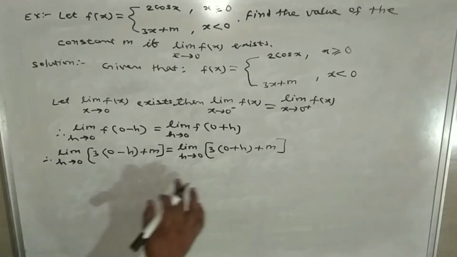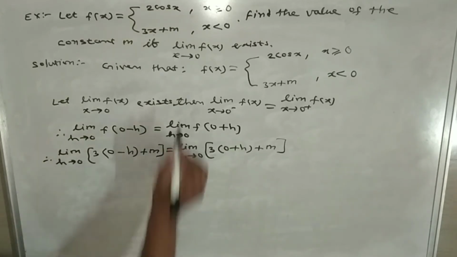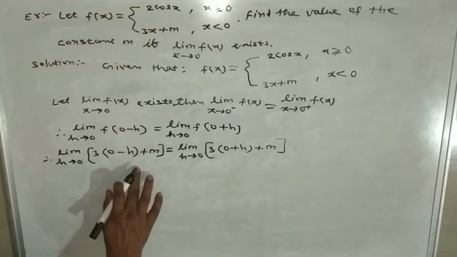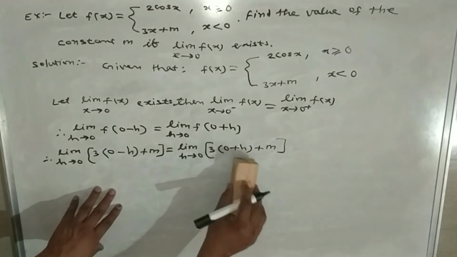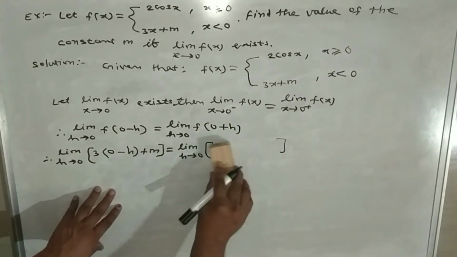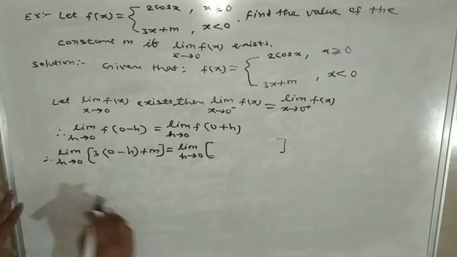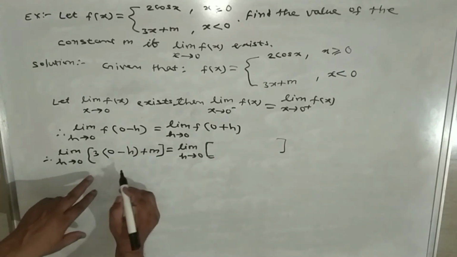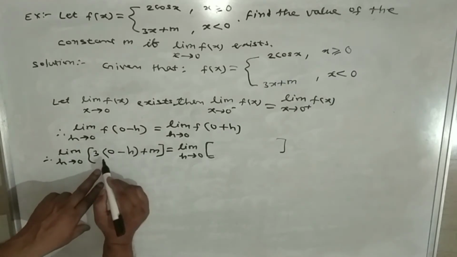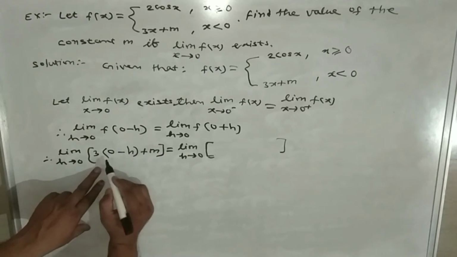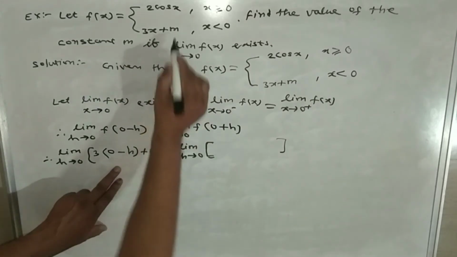So this is for this, but for this we have not this. The limit as h tends to 0 of f of 0 minus h. So the function is 3 as it is, for x that is 0 minus h, plus m as it is.